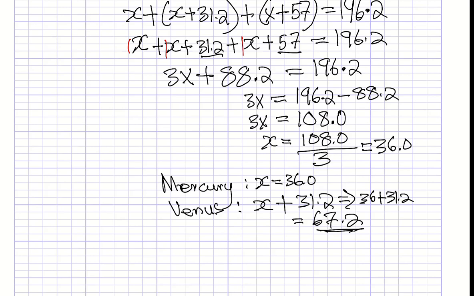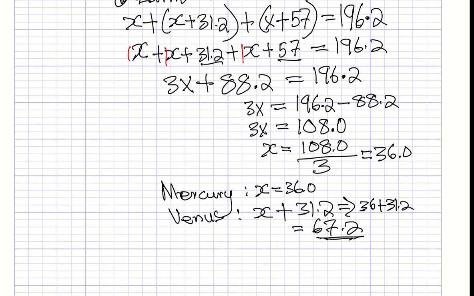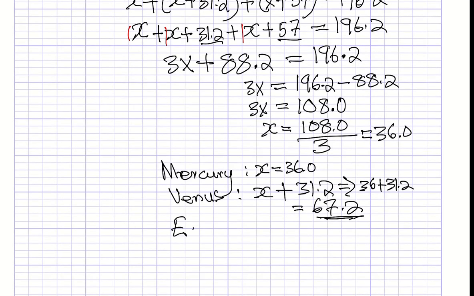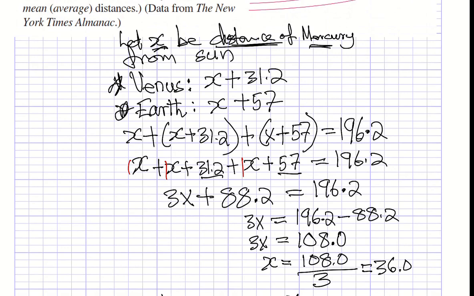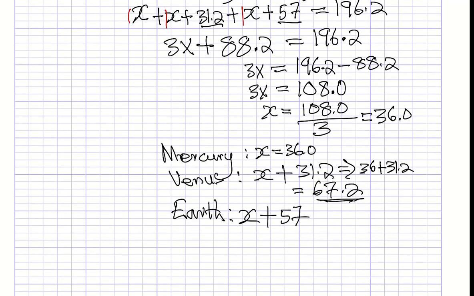So what of Earth? Mother Earth. Earth is x plus, what is that, 57? Let's make sure. Yeah, 57, okay. So x means 36.0 plus 57.